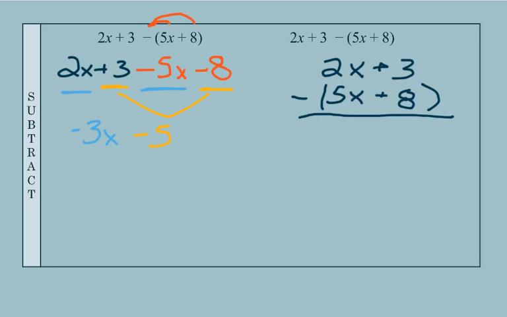So then same thing, now just work vertically. What is 2x minus 5x? Well, that's negative 3x. Convenient. And then 3 minus 8, negative 5. Same answer, two different ways.